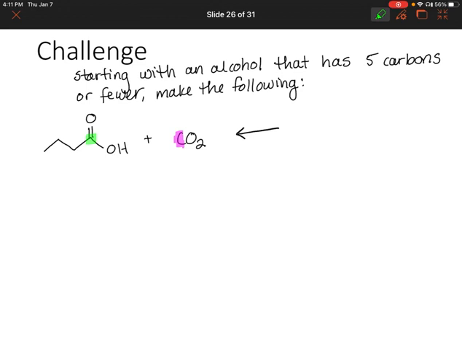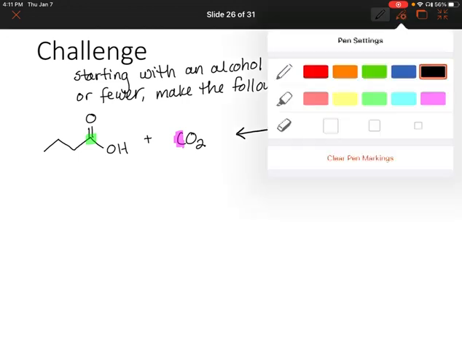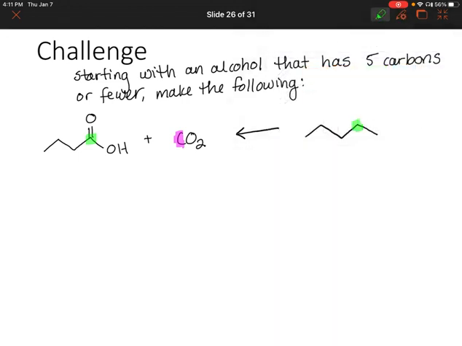So it was the more substituted carbon in the triple bond. So we're just working backwards here. I'm going to draw that green carbon bonded to the purple carbon. Okay. So my green carbon is now bonded to the purple carbon. And I know that that was a triple bond.